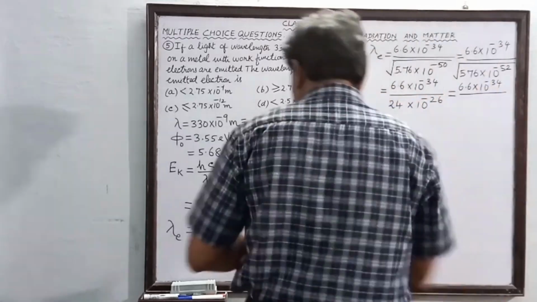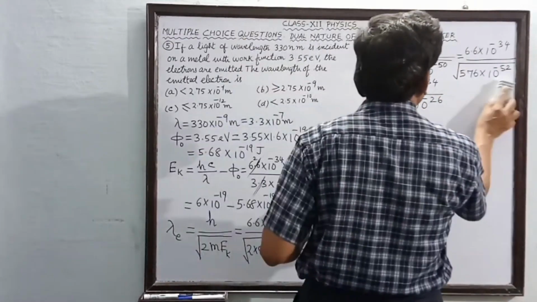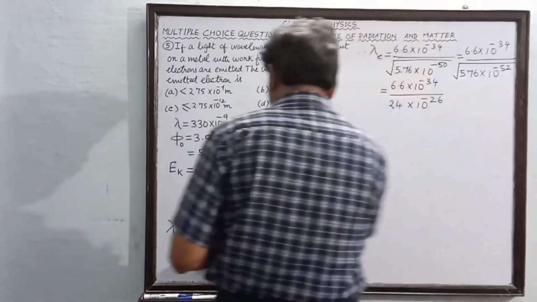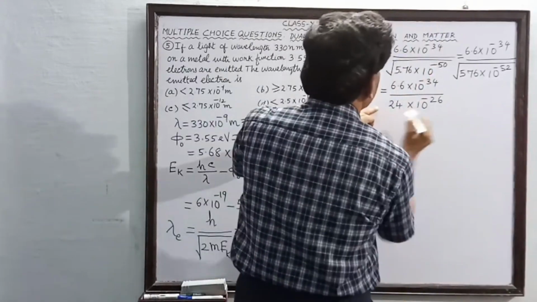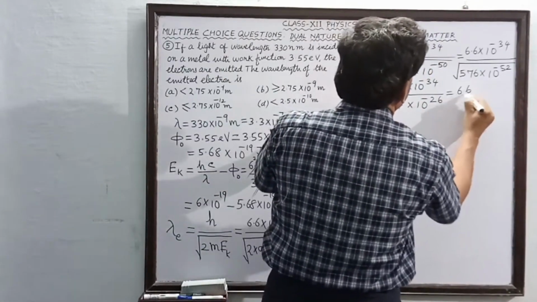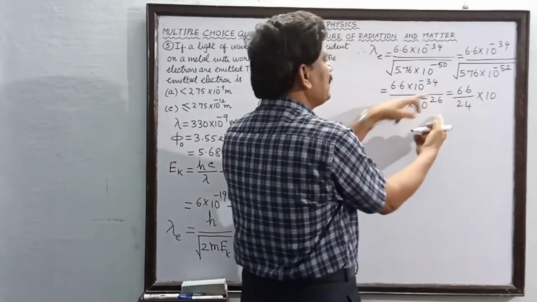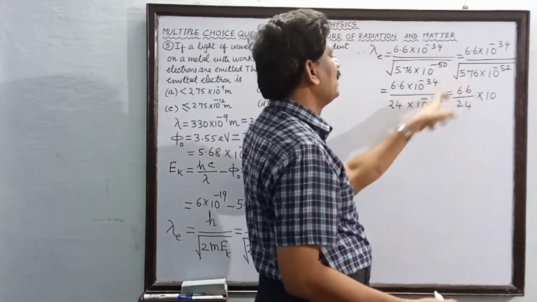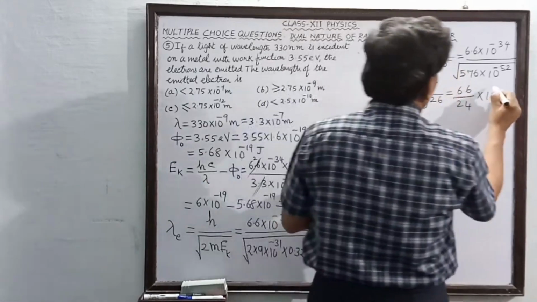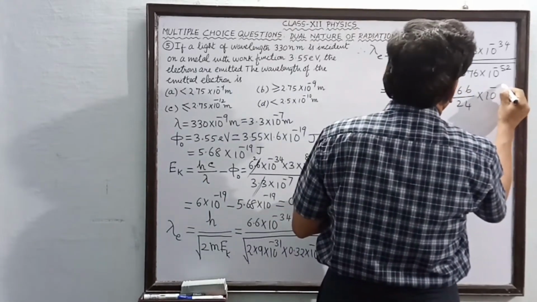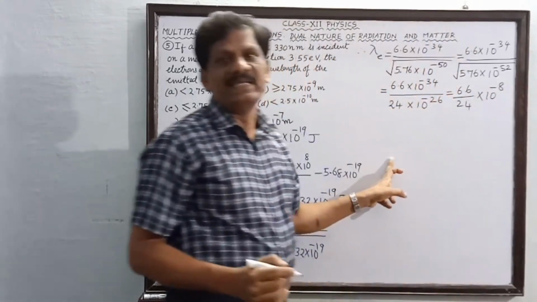So here also I am going to use the calculator now. So if you adjust the 10 powers, it is 6.6 divided by 24 into 10 to the power of, this is minus 34, this is plus 26. So 10 power minus 8 will come.